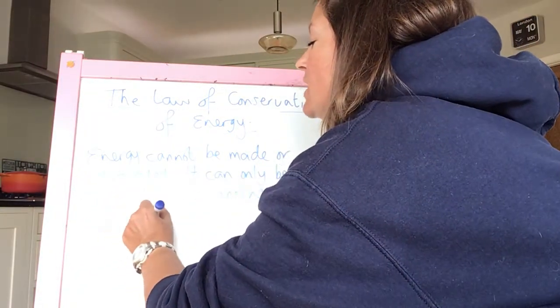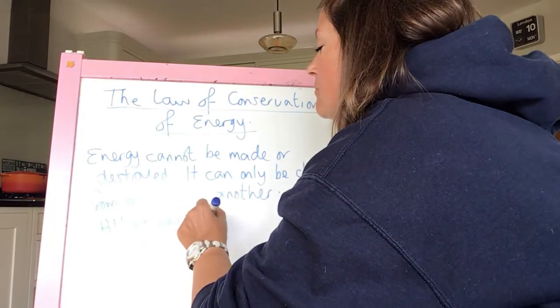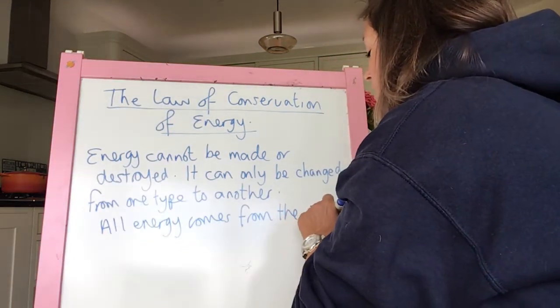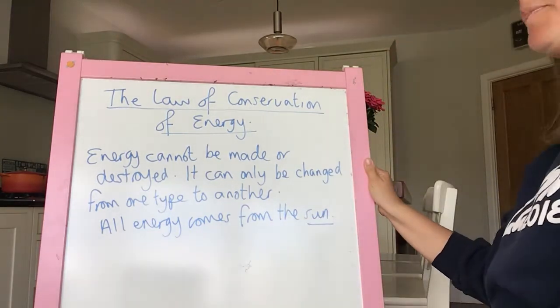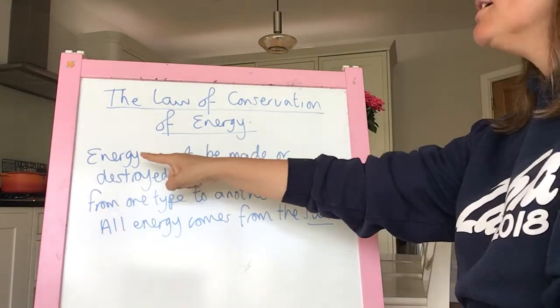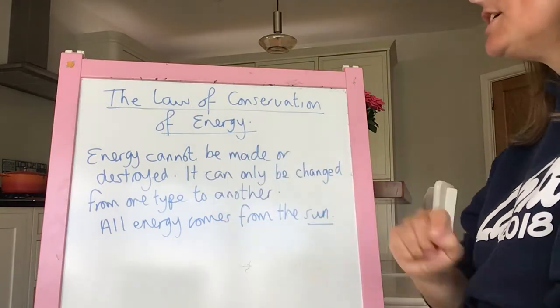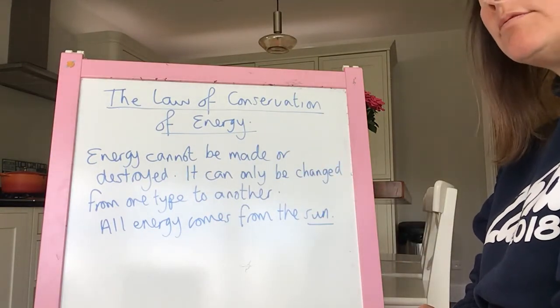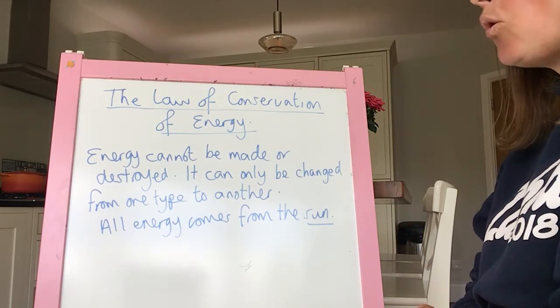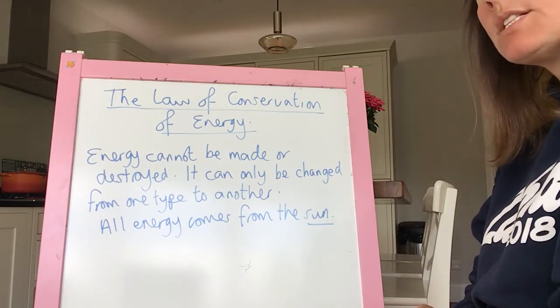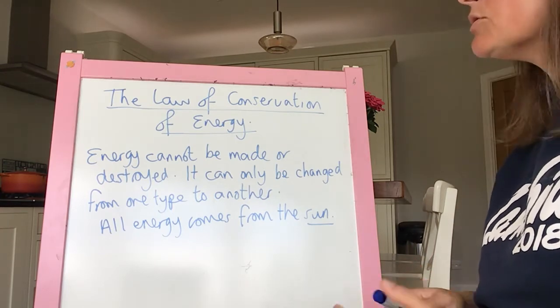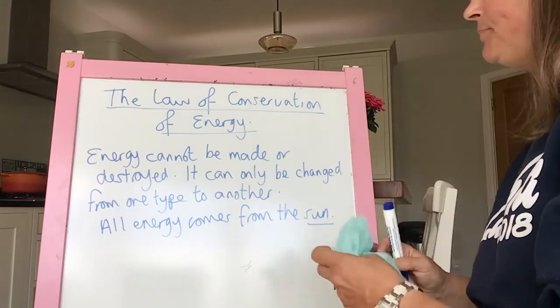All energy comes from the sun. So energy cannot be made or destroyed. It can only be changed from one type to another. And the other thing that you need to know is that all energy comes from the sun. So I just want to show you one or two examples of this happening.